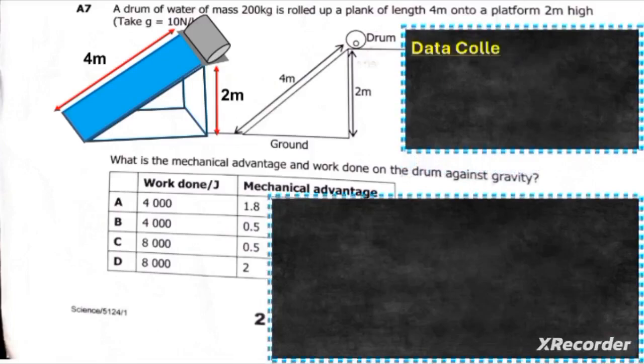What have we been given according to our question? We are given length. The length covered by the drum is 4 meters. Then the height is 2 meters. Gravitational field strength is 10 Newton per kg.